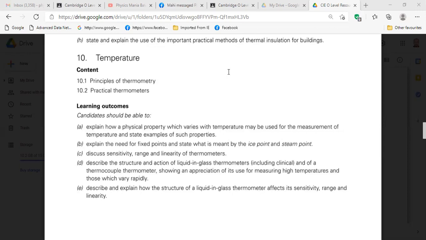EMF means cell battery. Have you seen the battery, right? In our house we are using different kinds of toys. There we are using battery. Then we are using battery in the wall clock, right? Those cell or battery, the energy stored over their per unit charge, that is called EMF.